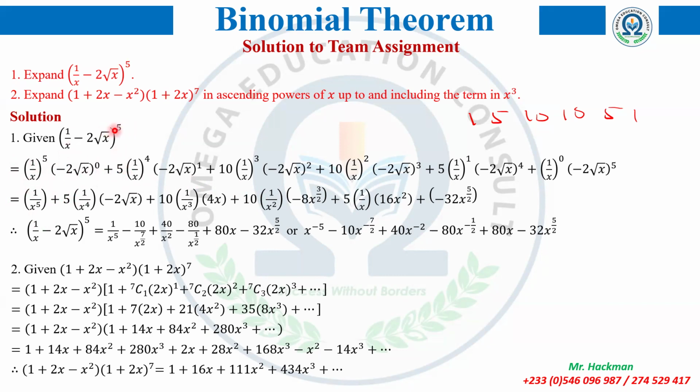Not n, you know your n now, so it will be 5 combination 0, 5 combination 1, 5 combination 2, 5 combination 3, 5 combination 4, then 5 combination 5 as the coefficient. So for you, your next step, whilst pushing the powers in, you should also work on your combinations, the value of each combination that you have here to give you the coefficient.